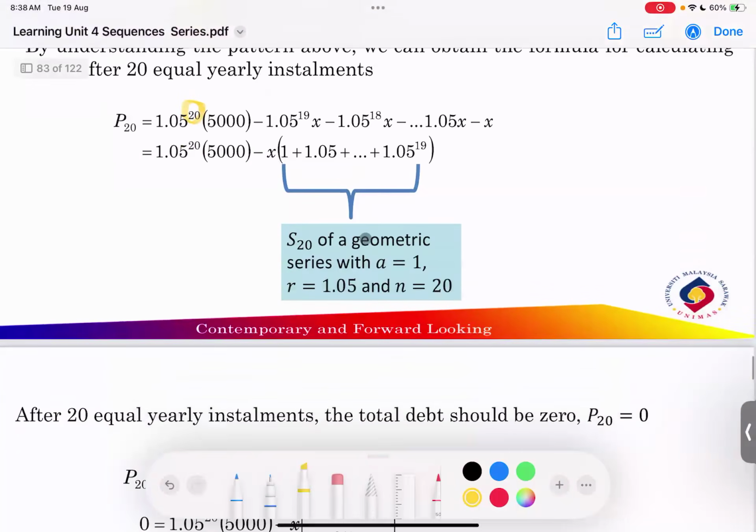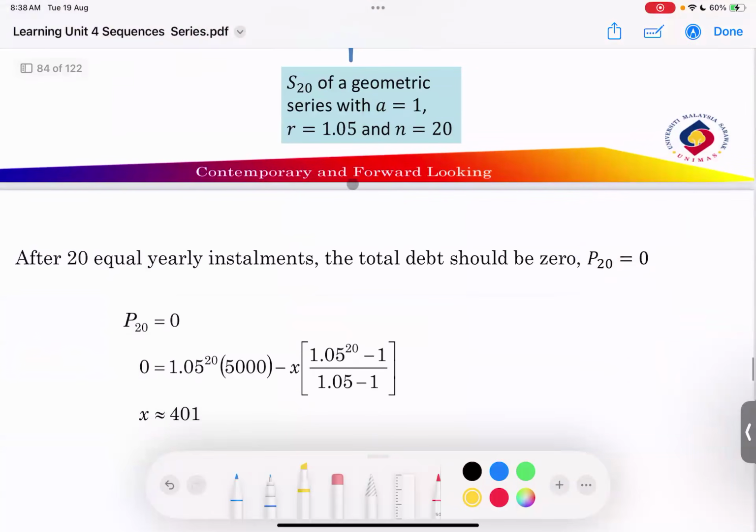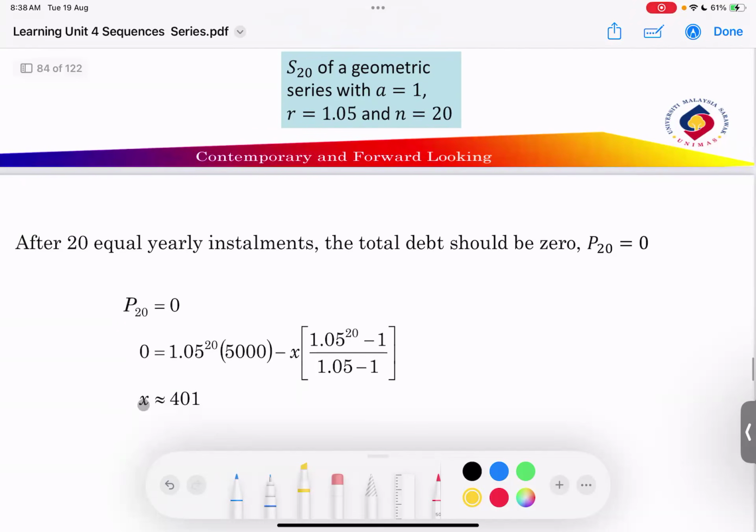Okay, so from this one, we can summarize it into this formula, which is 1.05^20 (5,000) minus x, and then (1.05^20 minus 1) over (1.05 minus 1). So approximately, each year we need to pay 401. Okay, why do we use this formula? Because this formula is actually derived from the formula that we have learned before.